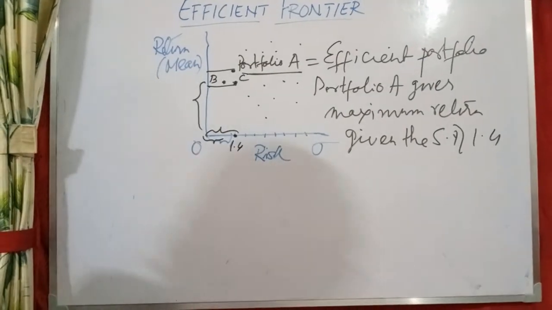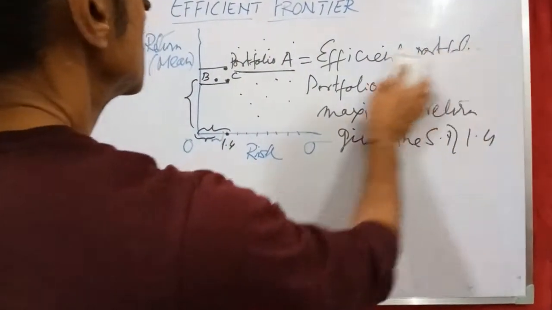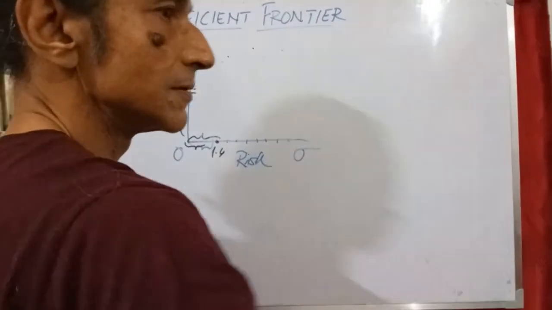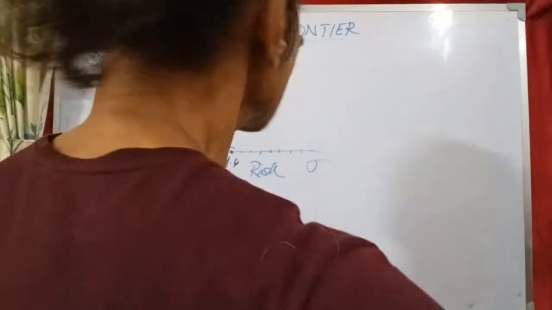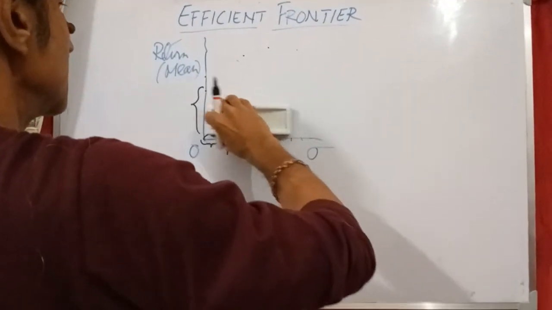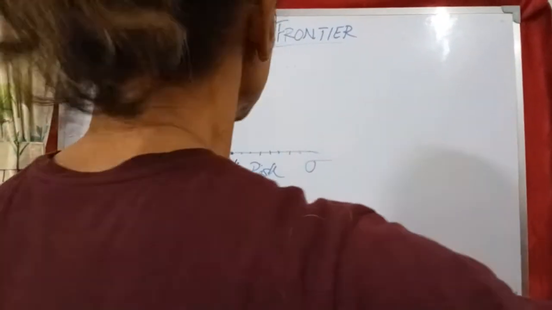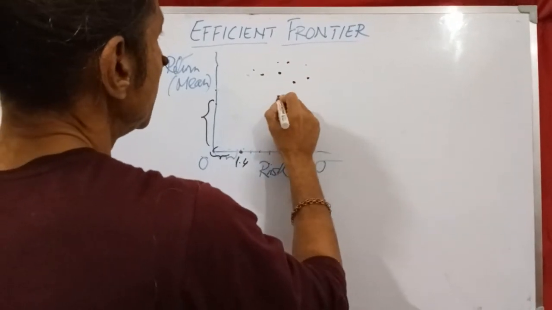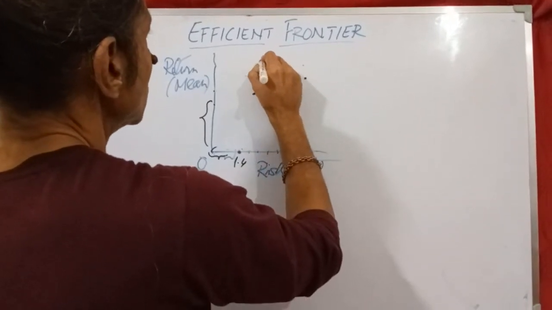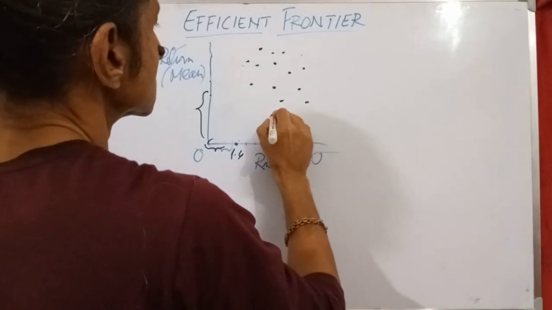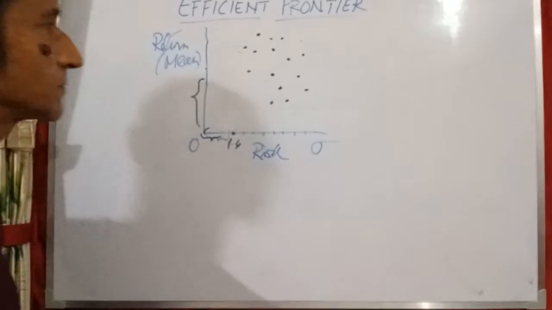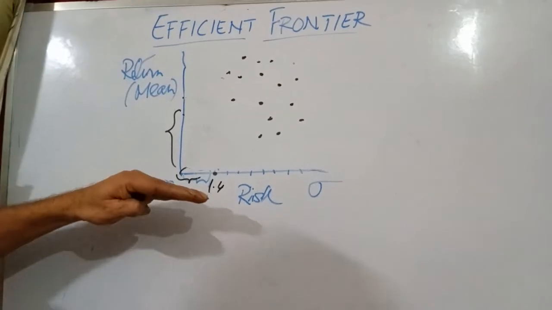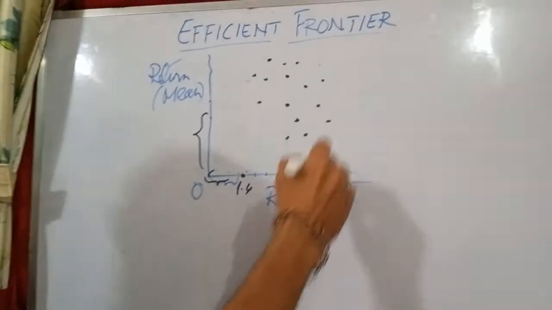Now let us imagine many portfolios in the plane, innumerable portfolios, like this. As one moves away from x-axis upward, his return is increasing.